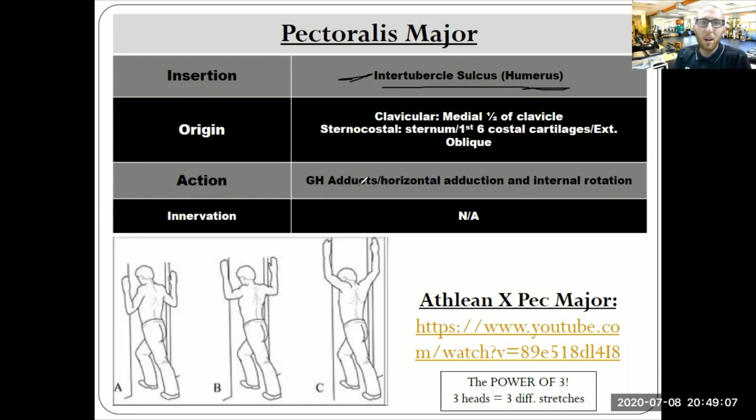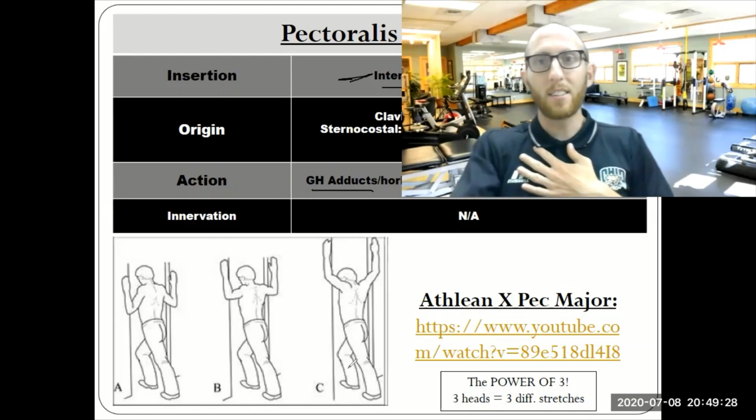Now, when we're talking about the action of the pec major, glenohumeral adduction. So that's bringing it down, but there's also horizontal adduction. This is a new one for you. This is coming straight across. Let me get my box big here, facing the camera.